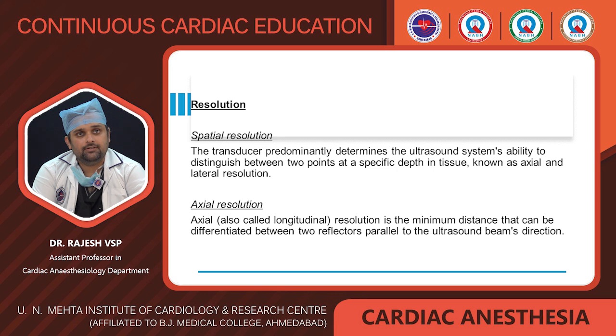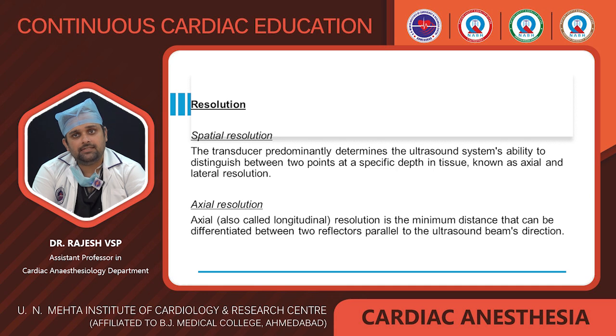Coming to resolution, there are different types of resolution. Firstly, spatial resolution. The transducer predominantly determines the ultrasound system's ability to distinguish between two points at a specific depth in a tissue, known as axial or lateral resolution. In this, axial resolution is also called longitudinal resolution.